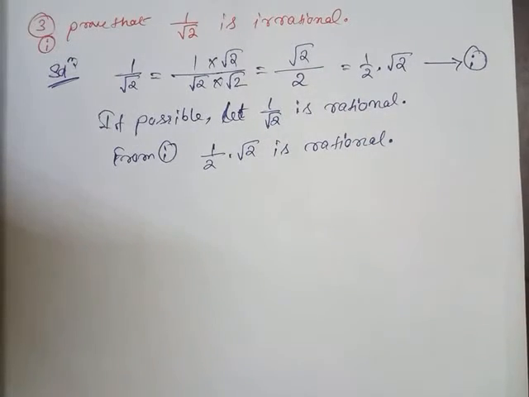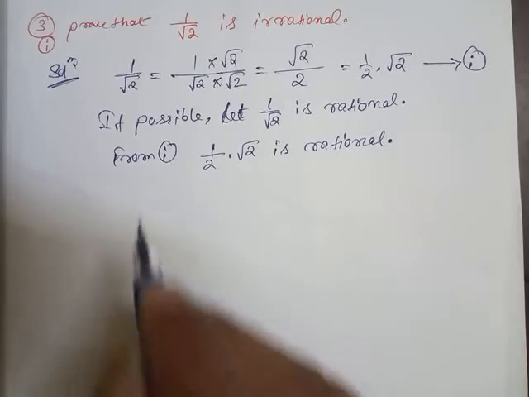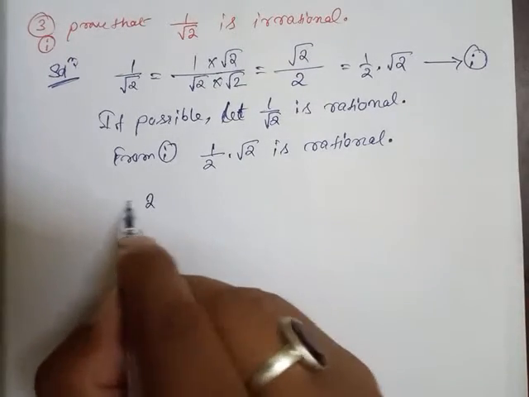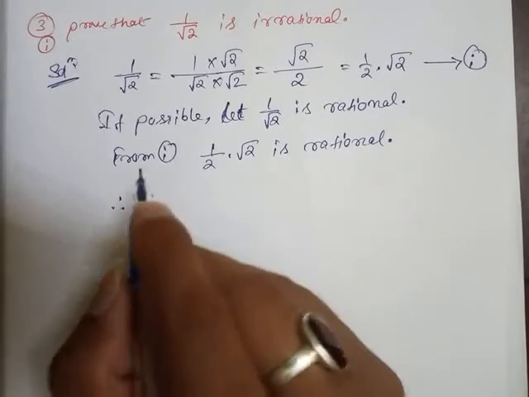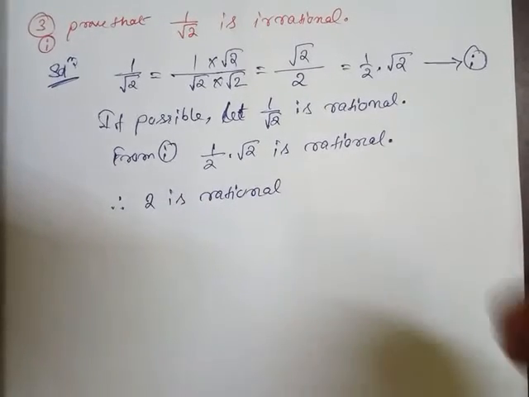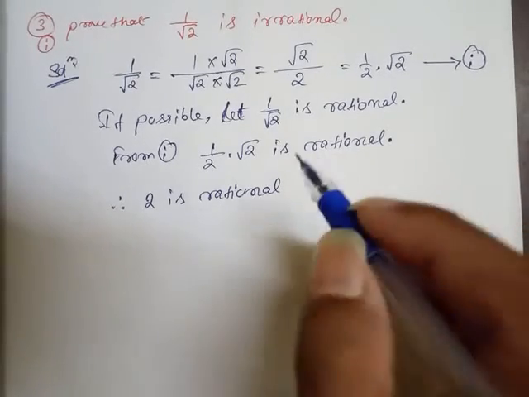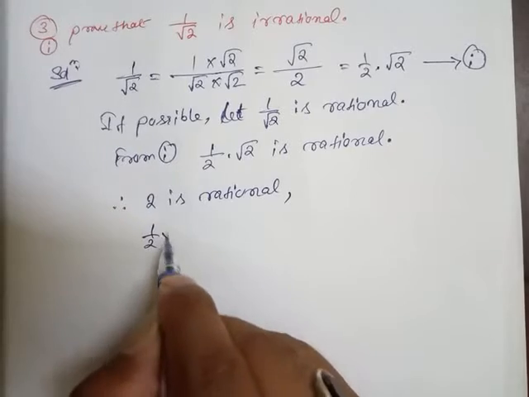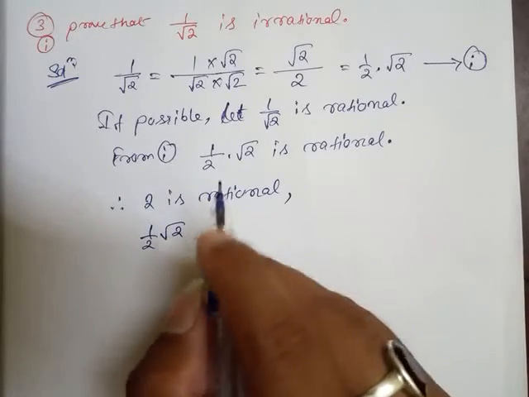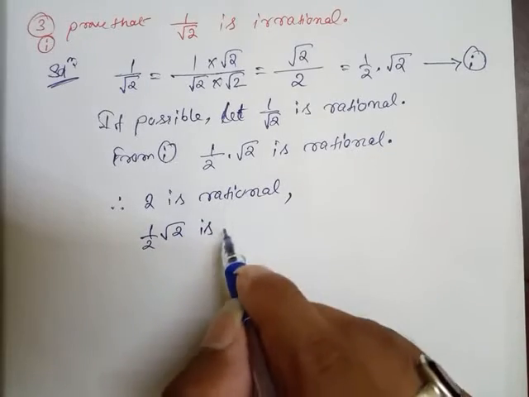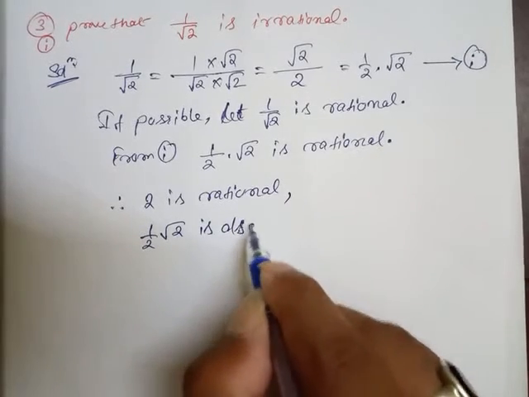If it is so, then 2 is rational, and half root 2 is also rational.